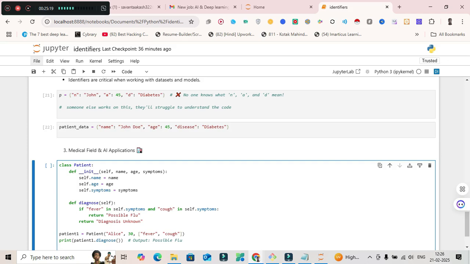The doctor will diagnose, and if fever and cough are in the symptoms, it returns possible flu, correct? Otherwise it returns diagnosis unknown. We are creating one object which calls the Patient class and takes the name, age and symptoms. If it finds this, it will return a possible flu.